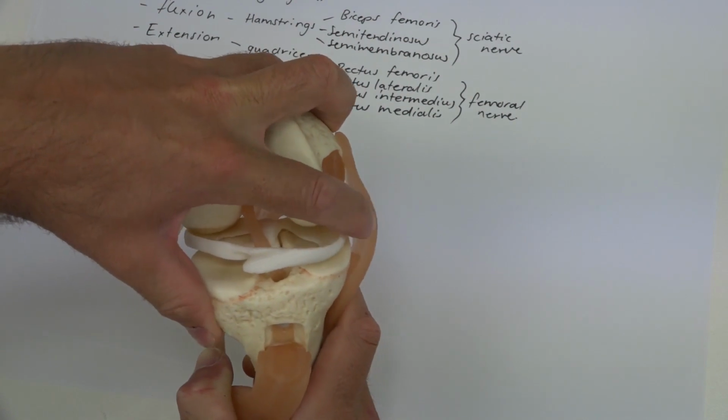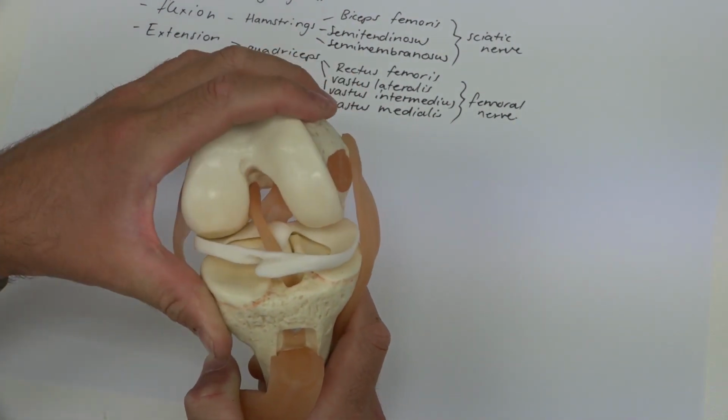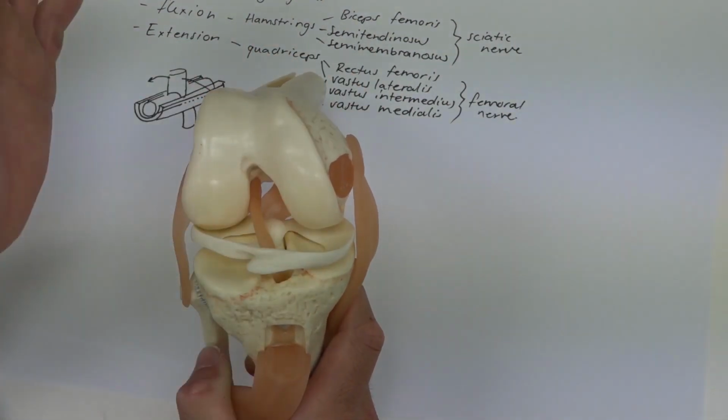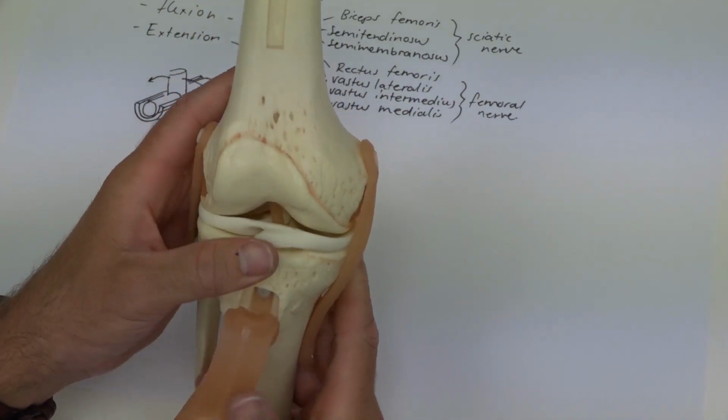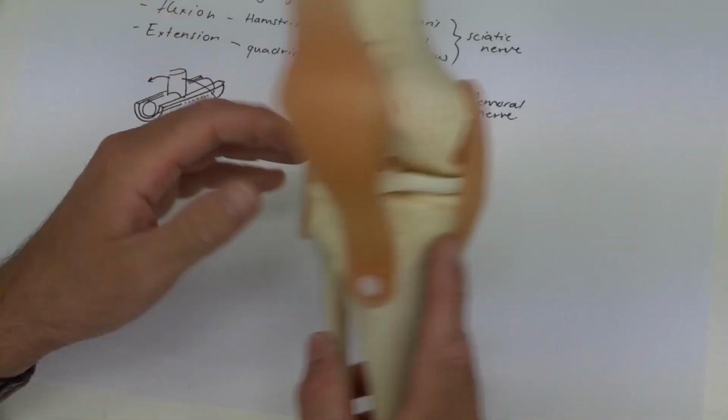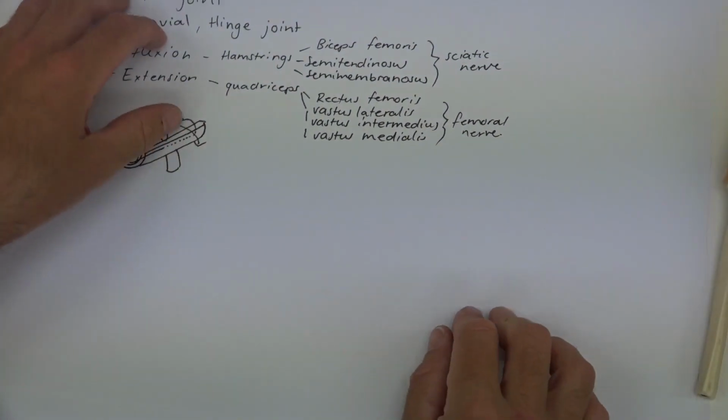The medial collateral ligament and the medial meniscus have been taken apart, and they're going to be damaged too. So what we can call this complex, the three of them together, is the unhappy triad.